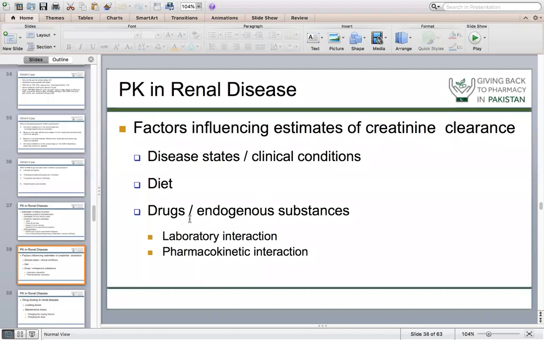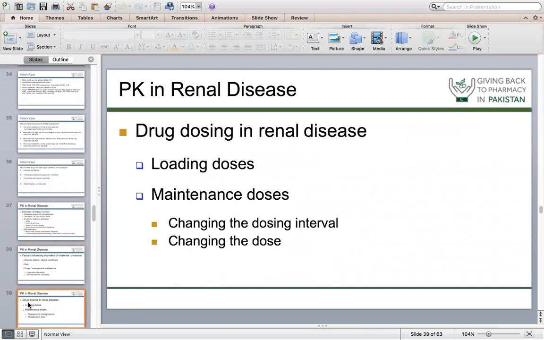We have already seen the question about the drugs. There are certain drugs mentioned in detail in your study material which you need to memorize. There is no other way. You just need to memorize which drugs affect the estimates of creatinine clearance. Laboratory interaction and pharmacokinetic interaction also affect the estimates of creatinine clearance.